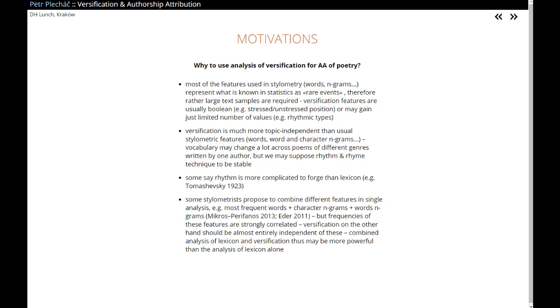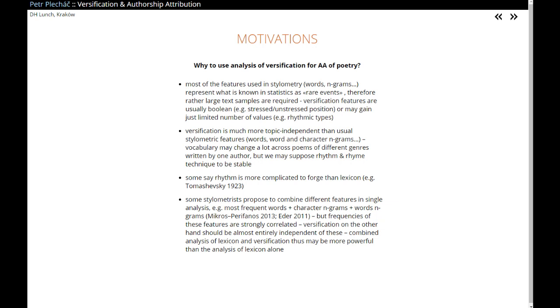This is working great with novels, with fiction. The thing with poetry is that in practice, we are not usually dealing with a book of poems where the authorship is unknown. We are dealing with a single poem, or if we are lucky, with a dozen poems published in some journal or somewhere. But we are dealing with really small samples.